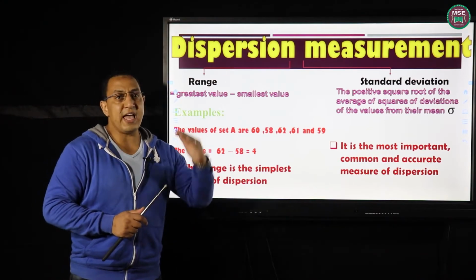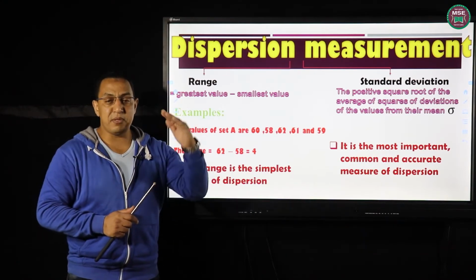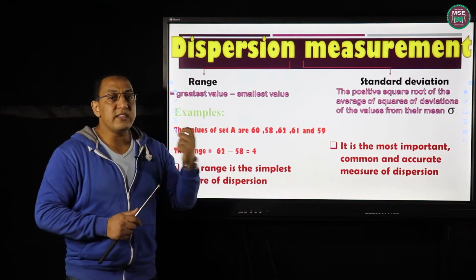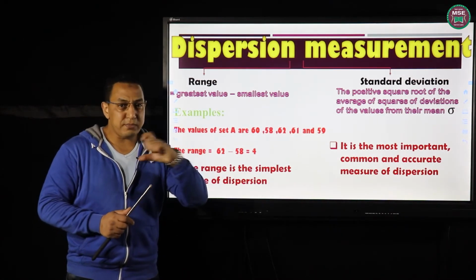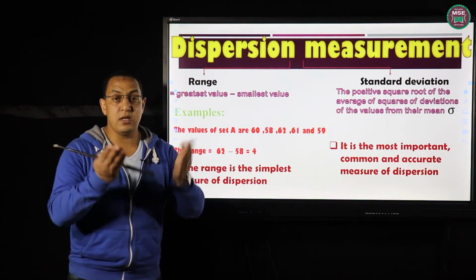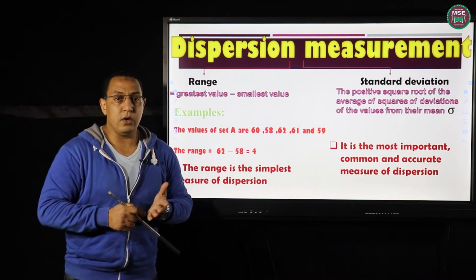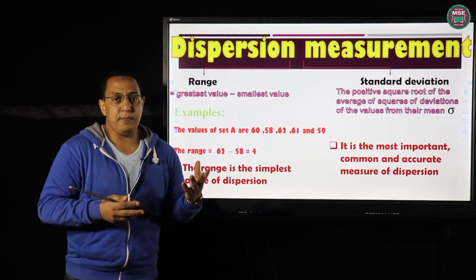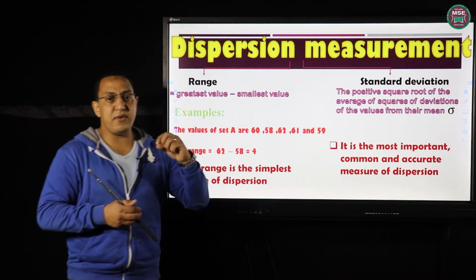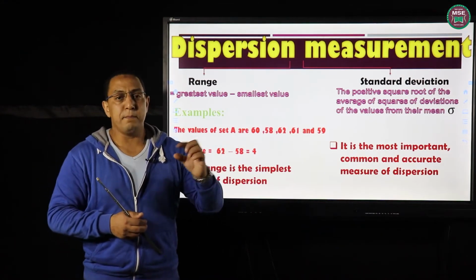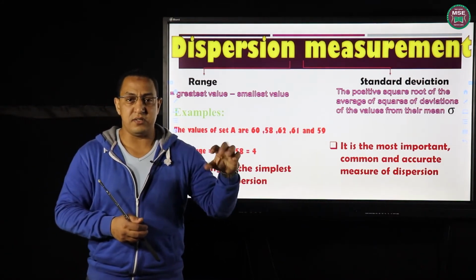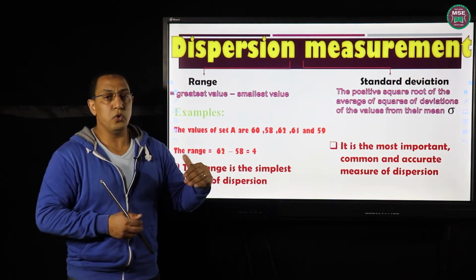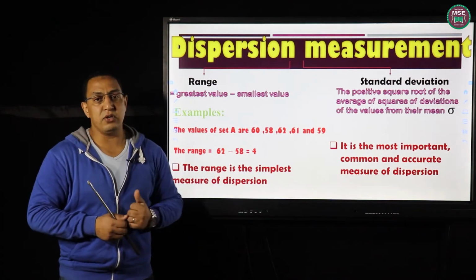In this case, we have a very large gap between the data, so the range doesn't give me an accurate measurement, because most of the class is higher than 15. This is an excellent class, but only one of the students has a lower level than the others, so this measurement is not accurate.